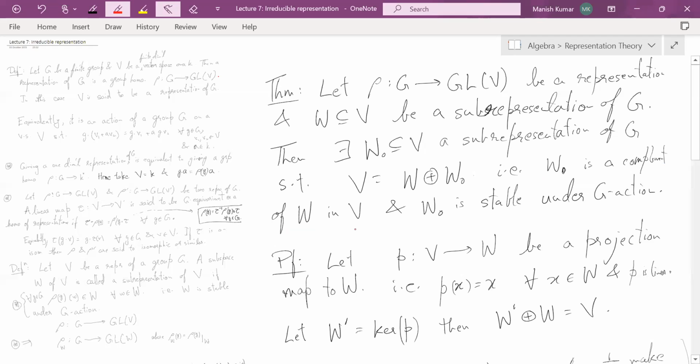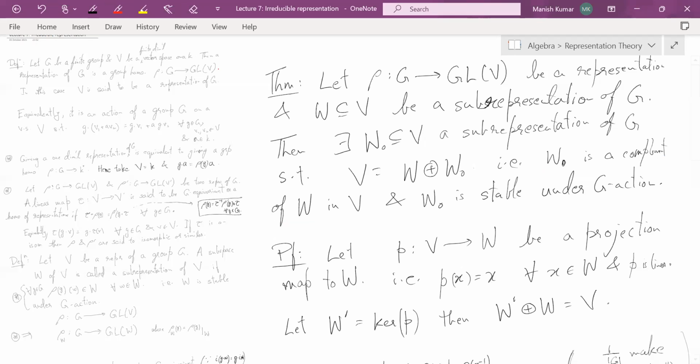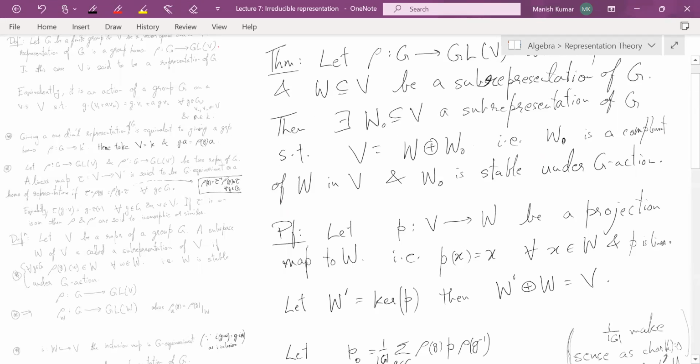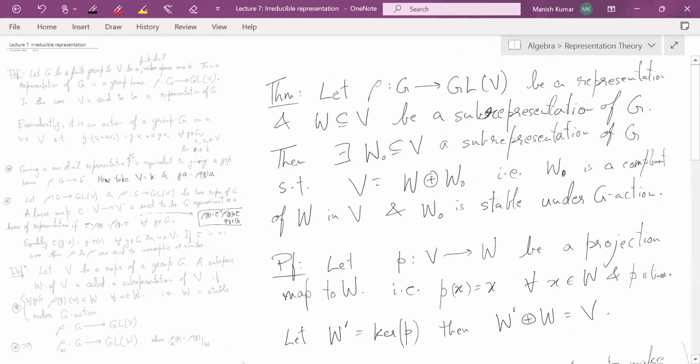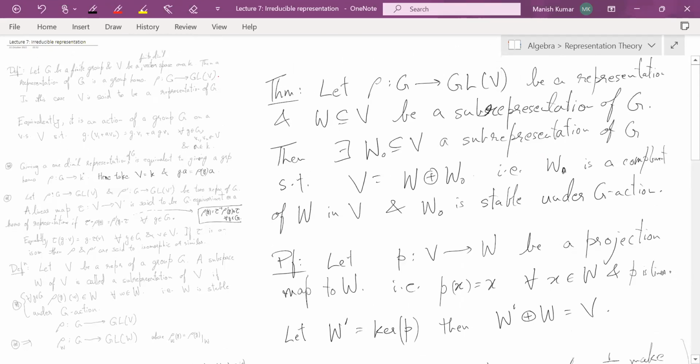And W0 should be a sub-representation, which is the same as saying that it is stable under the G action. Once you have this, it's clear that you can decompose. We'll see that as a corollary of this theorem. This is the main thing, and as a corollary, you get that every representation can be written as a sum of irreducibles.